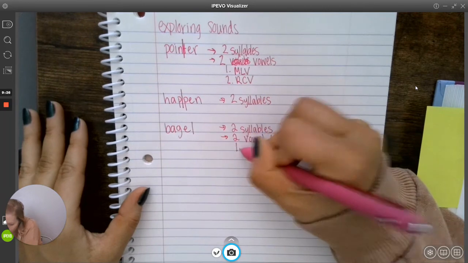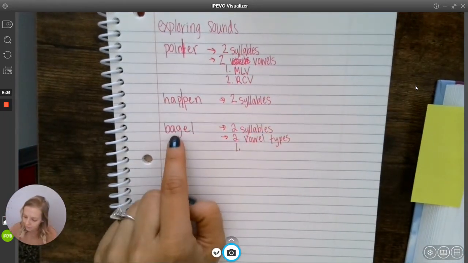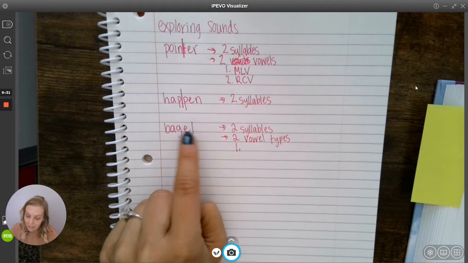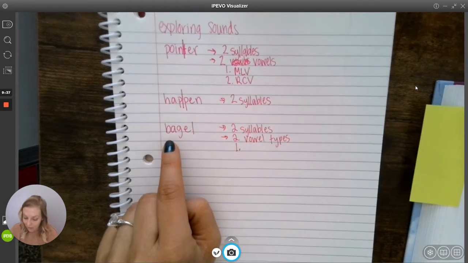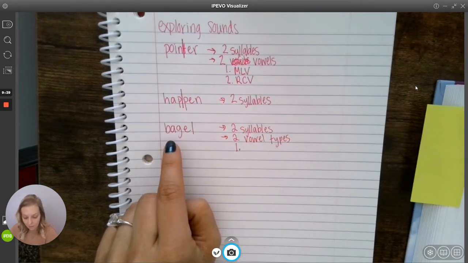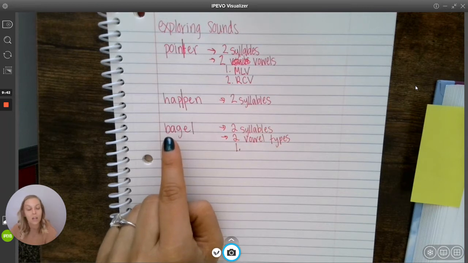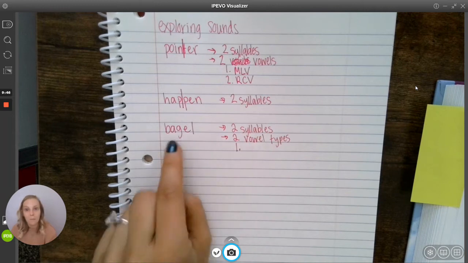And do you remember what kind of vowel types we have? For here and here, A and E. The A is an open single letter vowel that's saying its long sound. So we have an open single letter vowel that's saying its long sound. Bay, right?